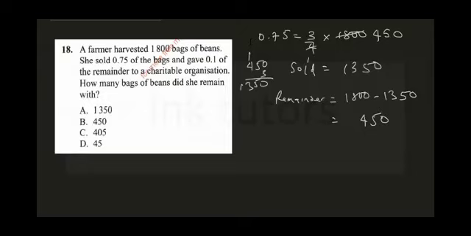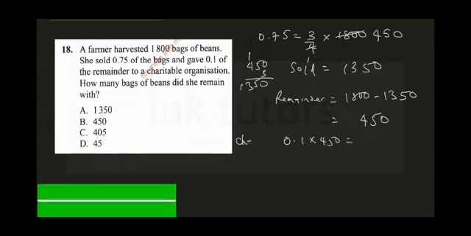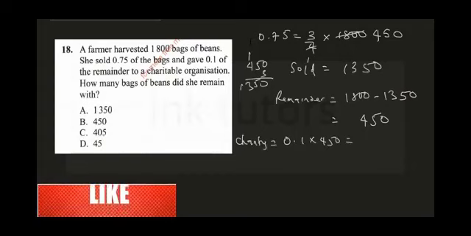Now, it says, and give 0.1 of the remainder to a charitable organization. Now, if she gives 0.1, that means 0.1 times 450 was given to charity. So this is 45.